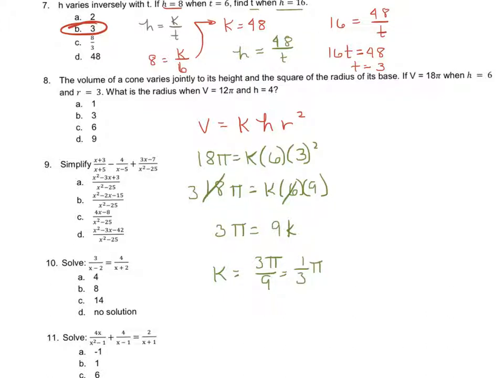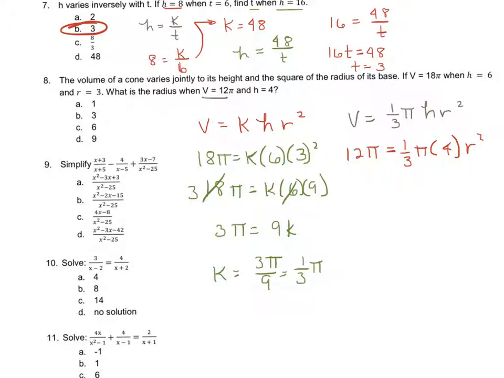So now I know the equation for V as it relates to the height and the radius. Now they ask us a question. They say when V is 12 pi, so we plug in the 12 pi for V, and h is 4. They want us to figure out what r is.